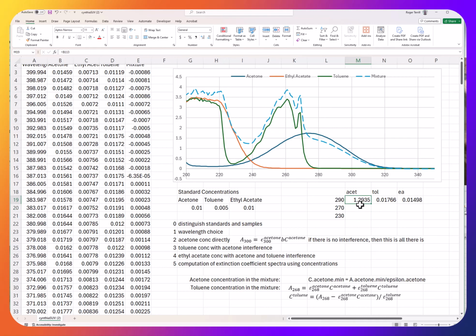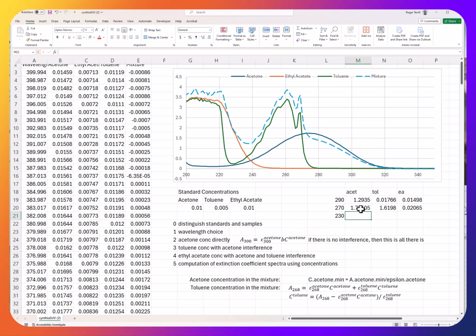So this will equal B133. Toluene is going to equal B133, and ethyl acetate will equal C133, right?